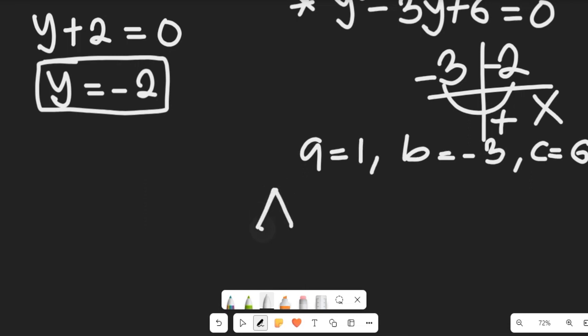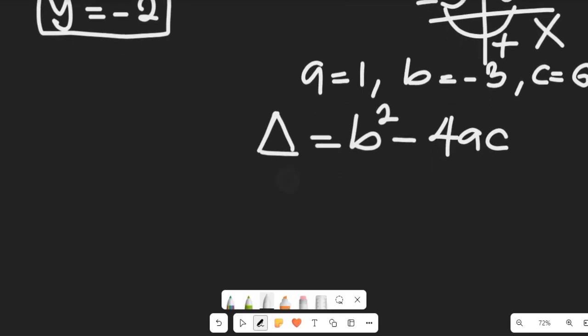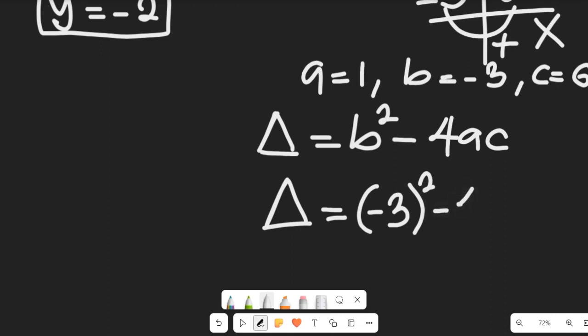The discriminant will be equal to b squared minus 4ac. Now, if the discriminant gives us a negative value, that means the solution would definitely be an imaginary solution. So this will give us negative 3 squared minus 4 multiplied by 1 multiplied by 6.